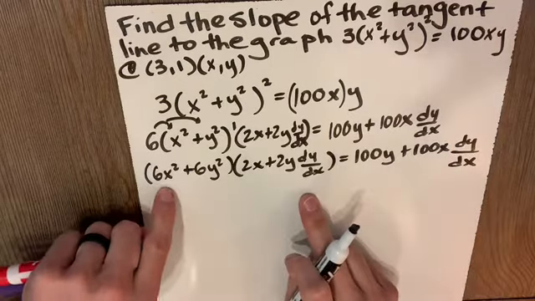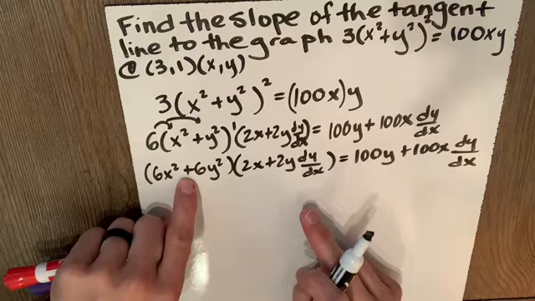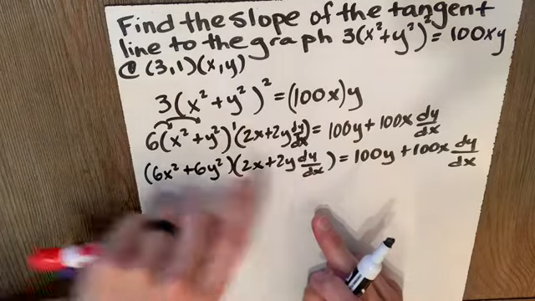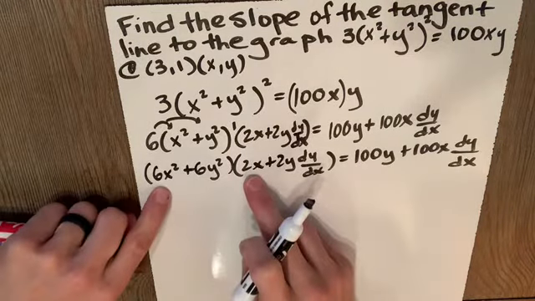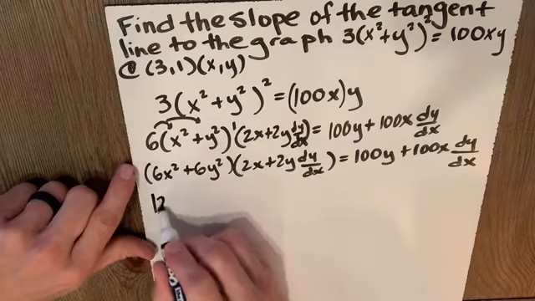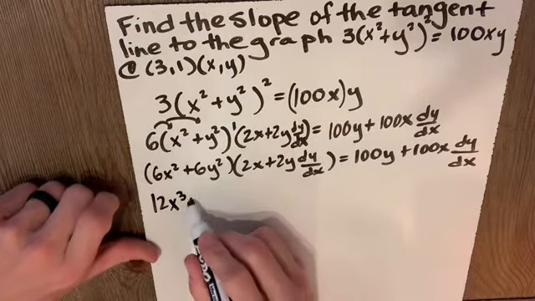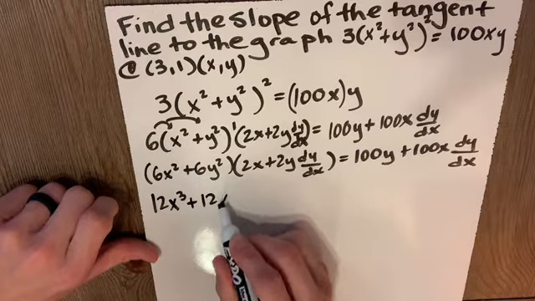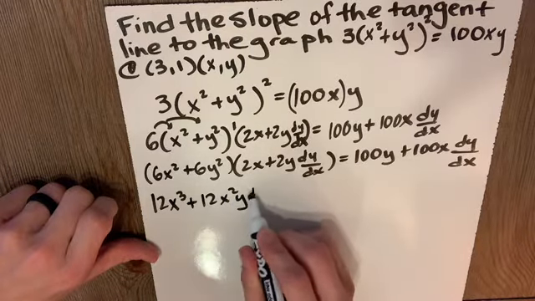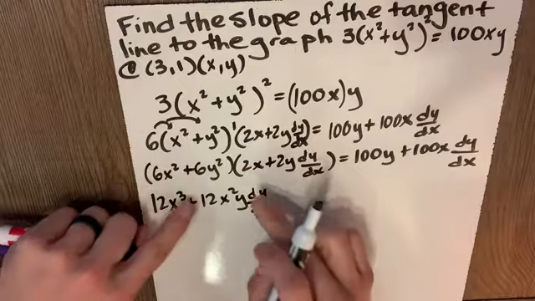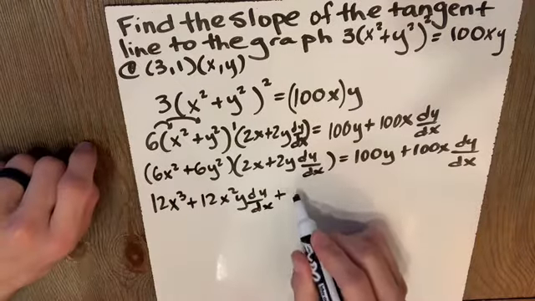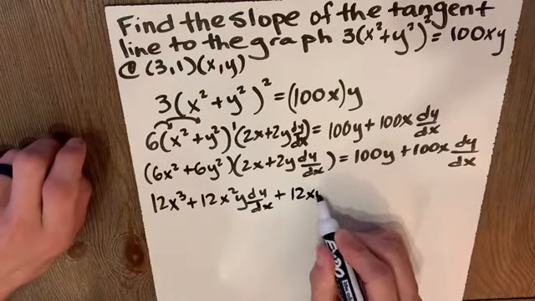Now, look, I've got 2 terms. Terms are separated by pluses and minuses, and here are 2 terms. So I'm going to FOIL over here. First will give me 12x cubed. Outer will give me plus 12x squared y dy dx. Inner gives me plus 12xy squared.